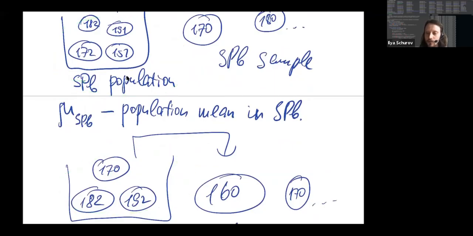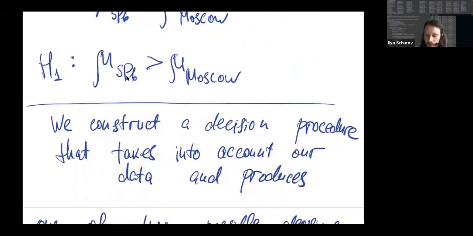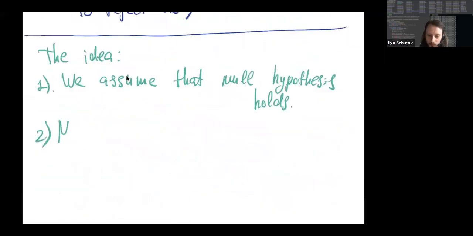Then we repeat selecting samples from this population and this population, and calculate sample means here and here. And we do this a lot of times. So, model experiment reproduction.